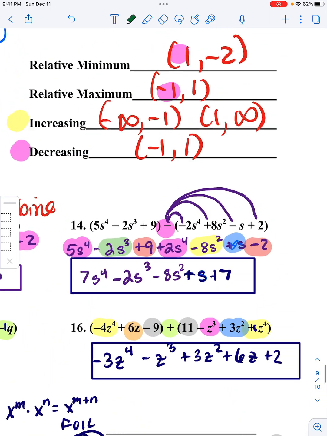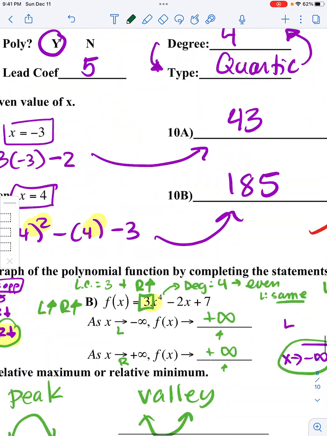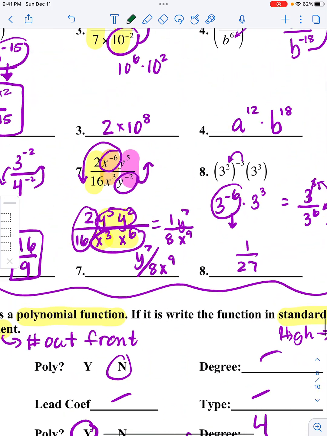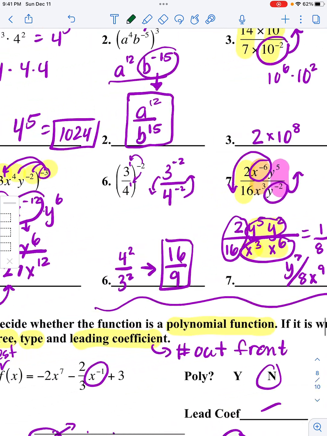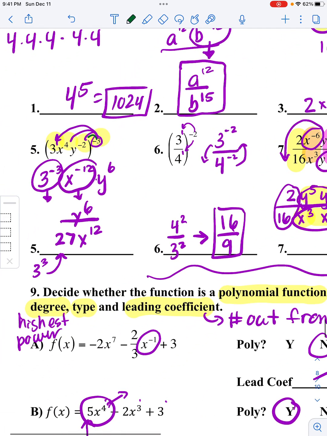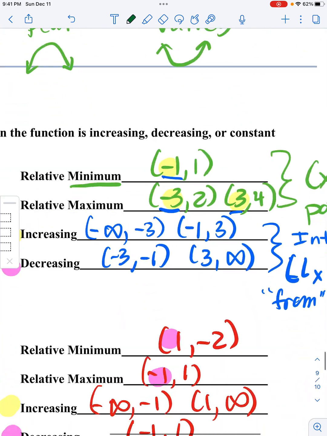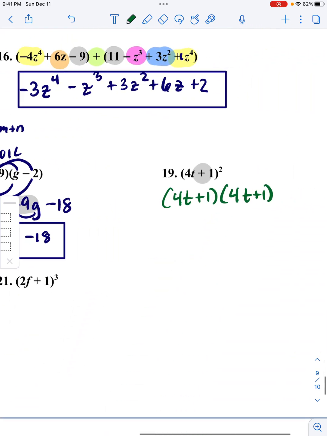The only time we distributed those was way up here if we had a power on the outside, but everything inside is multiplied together or divided, like here. When you have a plus or minus sign inside, you have to take that whole thing, 4t plus 1, multiplied by itself, because the whole thing is the base.